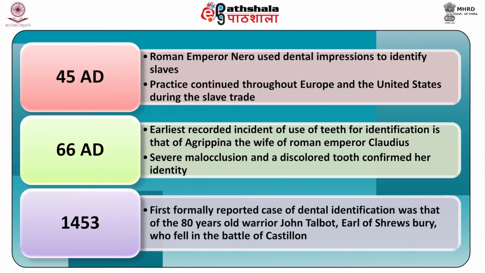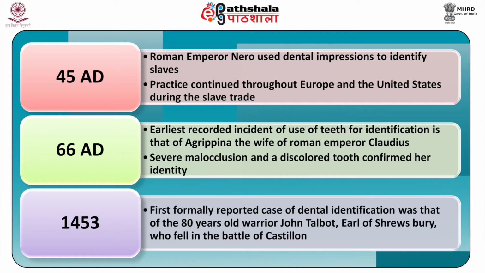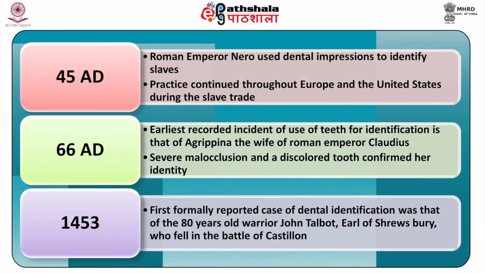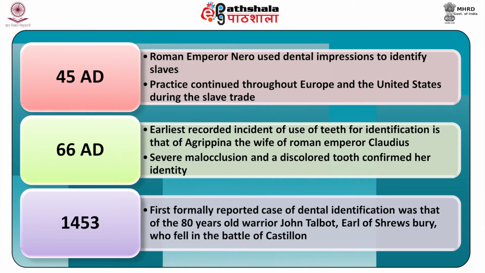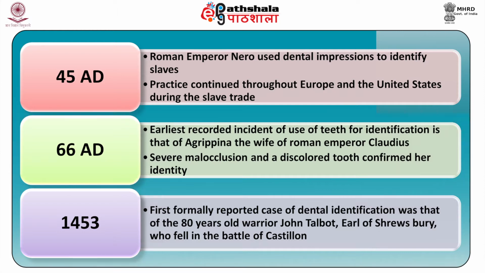In 66 AD, the earliest recorded incident of use of teeth for identification is that of Agrippina, the wife of Roman Emperor Claudius, who demanded the disembodied head of her husband's mistress Lollia Paulina. The severe malocclusion and a discolored tooth confirmed her identity.